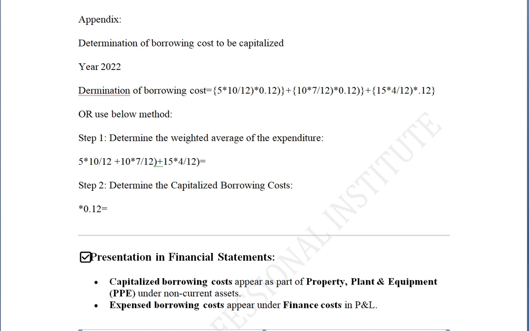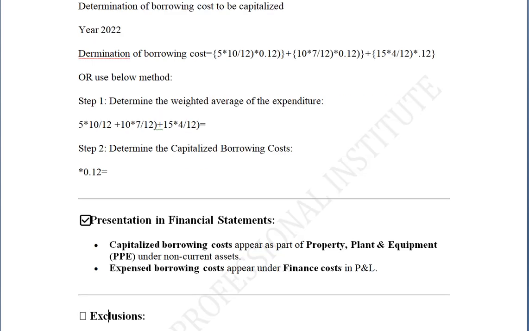Please take note of that. Very, very important. So, presentation in the financial statement. All our borrowing costs I've explained earlier, they are to appear as part of property, plant, and equipment under the non-current asset, whereas you credit borrowing costs to finance costs under your P or L.